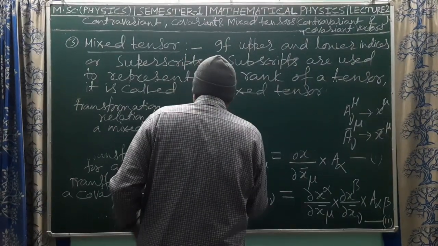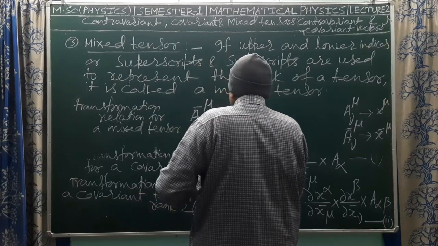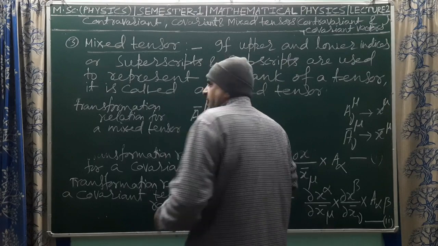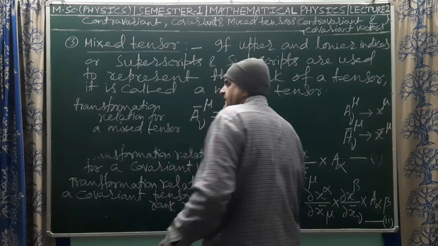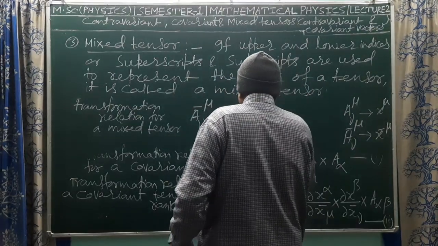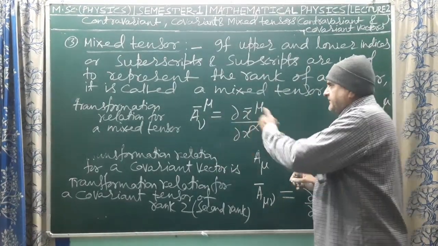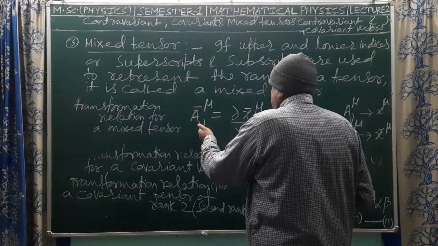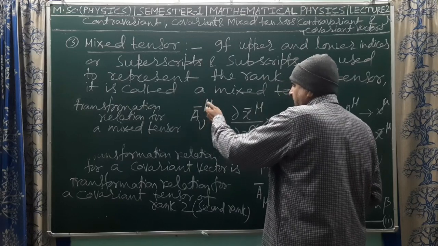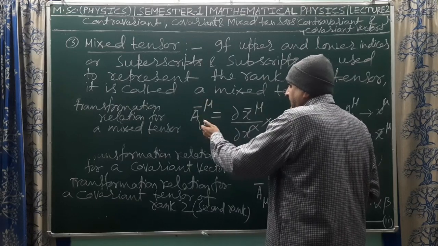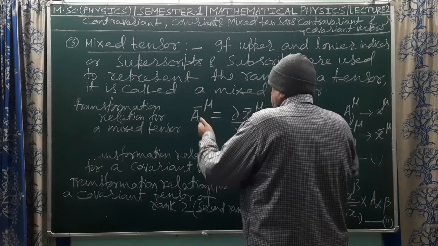We can write it as partial derivative, del x bar mu upon del x to the power alpha for the contravariant index, and for the covariant index. Contravariant index, upper index is mu, while covariant index, lower index is nu.